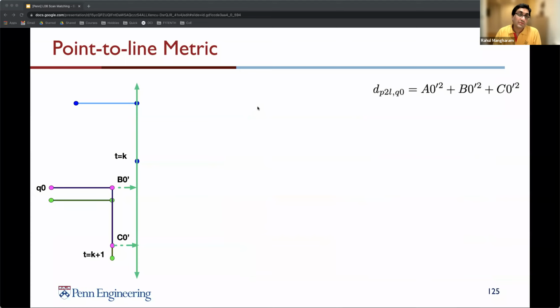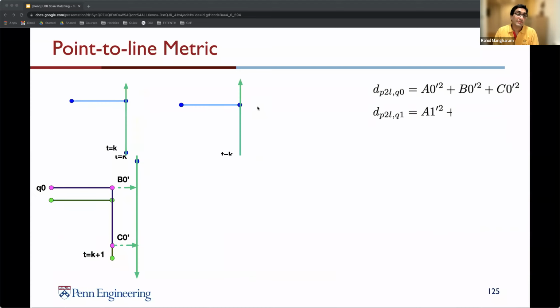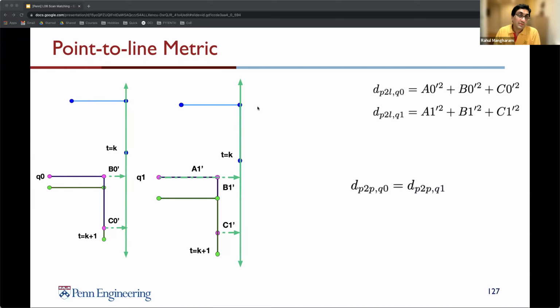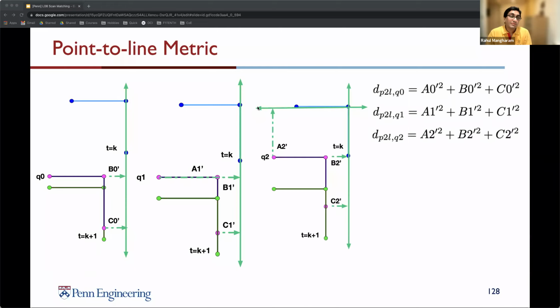So as before, if we compute the scores for the remaining transforms, Q1 will have a score as shown over here. And note that, under the point-to-line metric, and this is important, the score of the transform Q0 and Q1 are the same. We will score Q2 in a similar fashion. Note that we are assuming that Q2 is a threshold, where the closest line to the point A will change. And thus, in our example, we find that Q0 and Q1 have the same score, while Q2 has a different score.